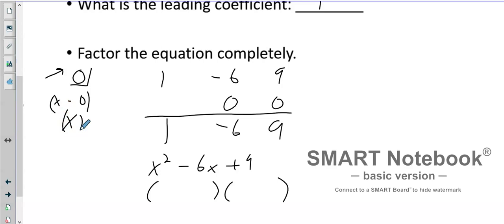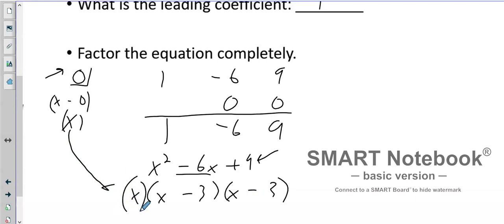All right? And then we're going to factor this. Well, x times x is x squared. We need two numbers that multiply to give us 9 that add up to -6. Well, that's 3 and 3. And they both have to be negative. Now remember, you got to bring this down and say this. Okay? And that's my answer.